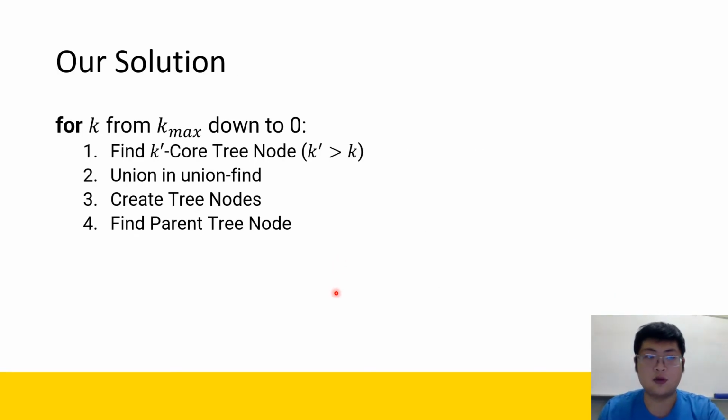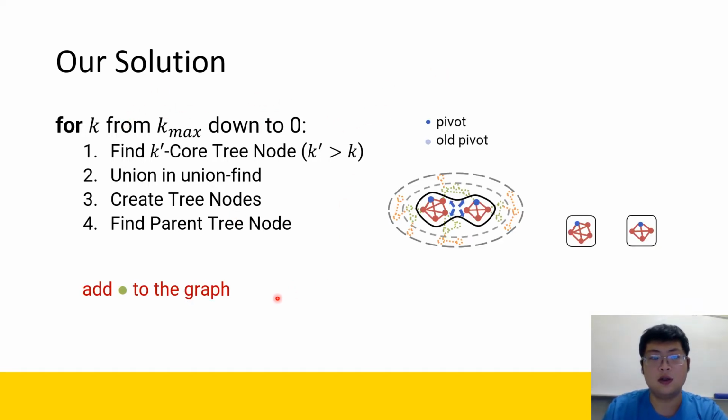Here is our solution. We have 4 steps. We're doing it in decreasing K, from K max down to 0. So here we have 2 tree nodes, and we have those 3 cores, and we want to add those green vertices' coordinates to the graph.